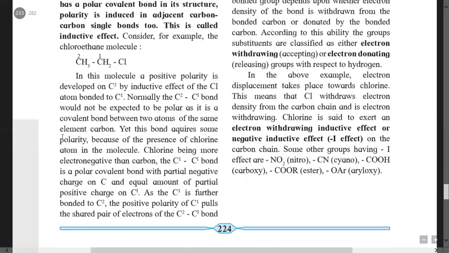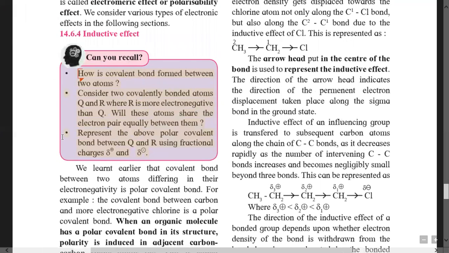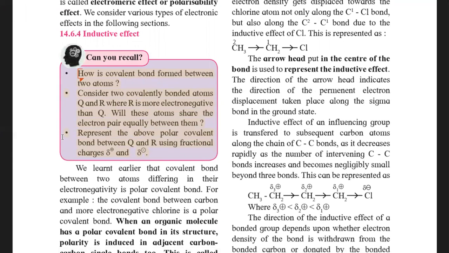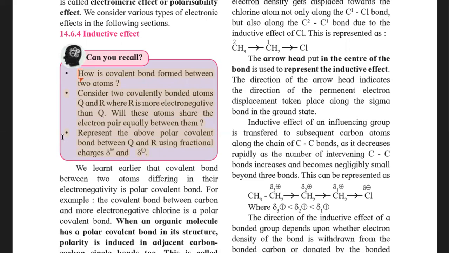So today we studied the inductive effect. The definition of inductive effect is that it is a permanent polarization of a single covalent bond due to electronegativity difference, or the polarity in the adjacent carbon-carbon bond observed due to the polarity present between the carbon and an electronegative atom like chlorine, bromine, iodine, or the groups that we studied as showing the negative inductive effect.